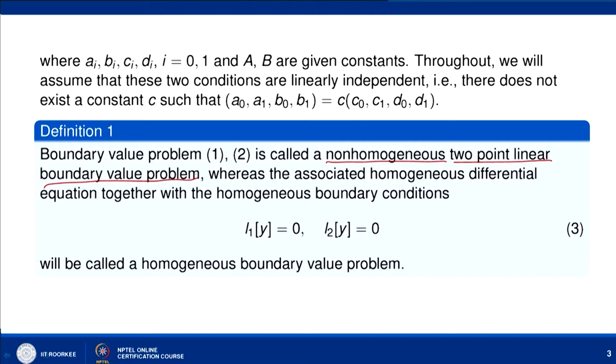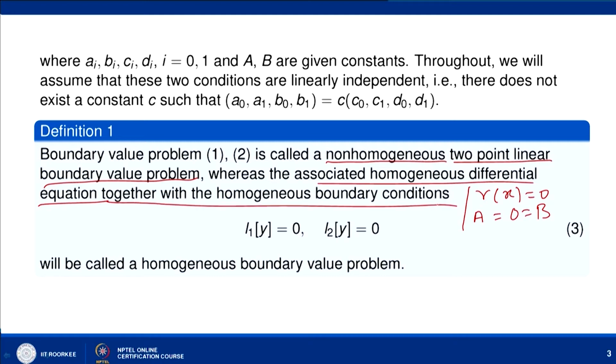But if we consider R x equal to 0 and A equal to 0 equal to B, we call this a homogeneous boundary value problem. It means that the associated homogeneous differential equation together with the homogeneous boundary conditions, that is L 1 y equal to 0 and L 2 y equal to 0, will be called a homogeneous boundary value problem.